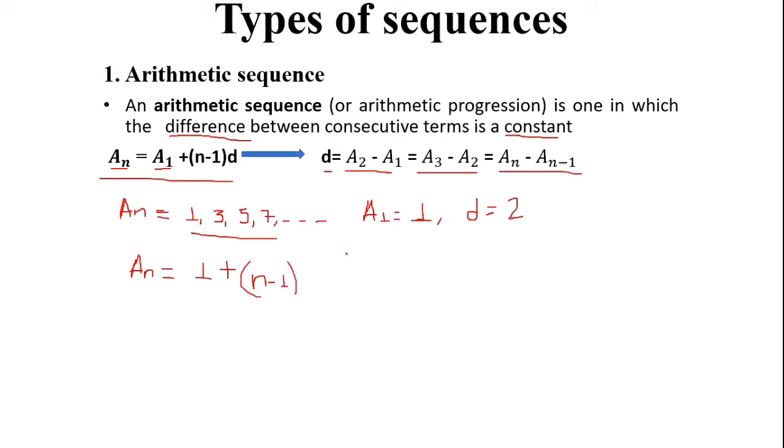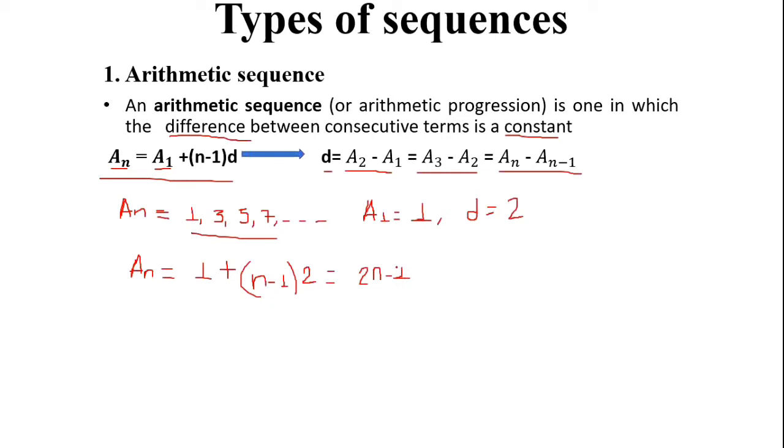So now let's simplify this equation just by multiplying 2 by n, that is 2n here, minus 2 times minus 1, that's minus 1... no, that's not minus 1, sorry, it's minus 2.